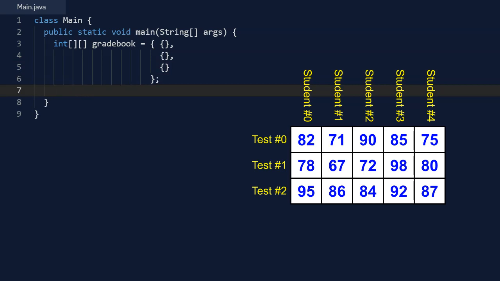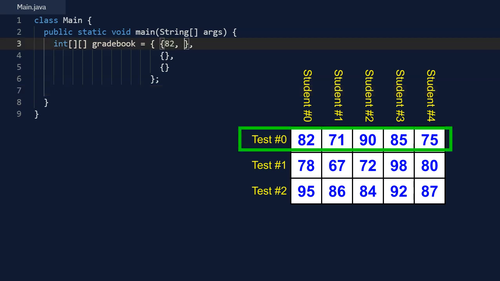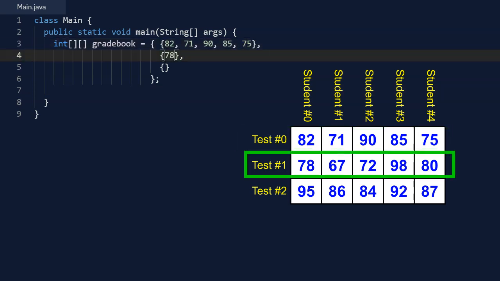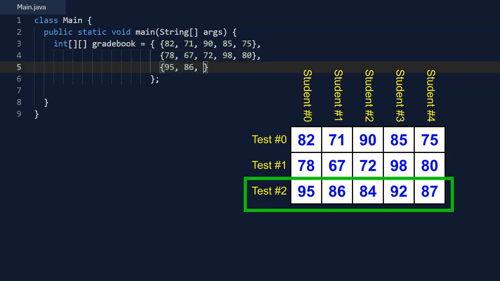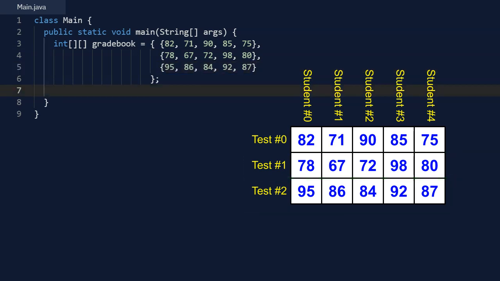Then we can fill in the inner arrays with their elements. So that's how you can create a 2D array and fill it with some initial values.